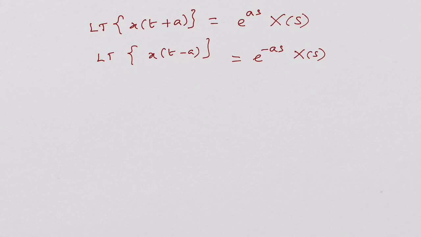What is the next property? The simplest property, which is called the differentiation property. Already we have seen one differentiation, isn't it? This time we are going to discuss the frequency differentiation property.